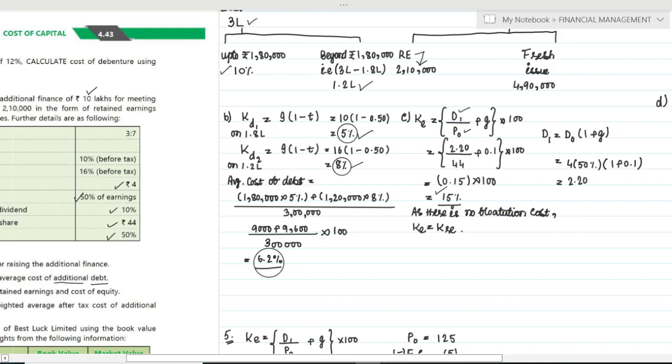And cost of retained earning is also 15%, because there is no flotation cost in the question. And to find D1 we need to multiply 1 plus G into D0. D0 is current year's dividend.